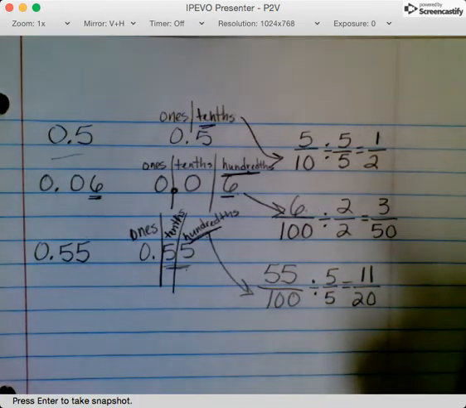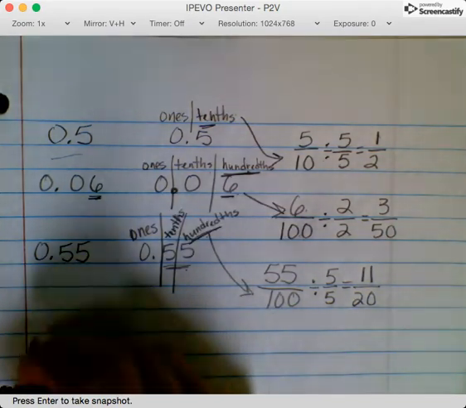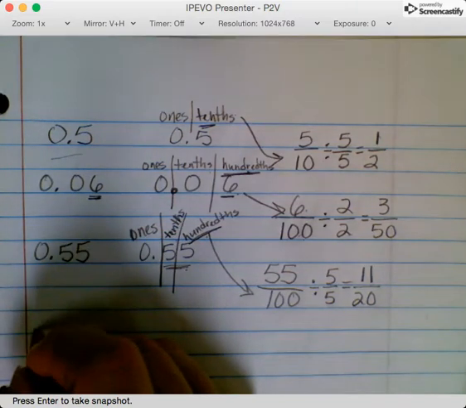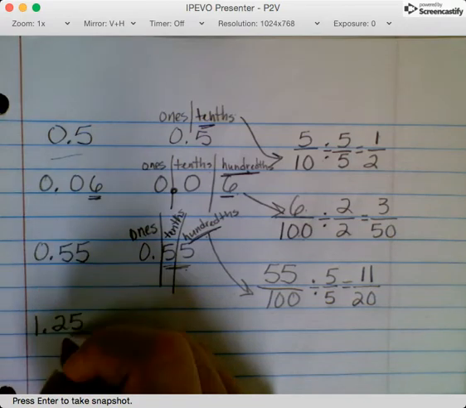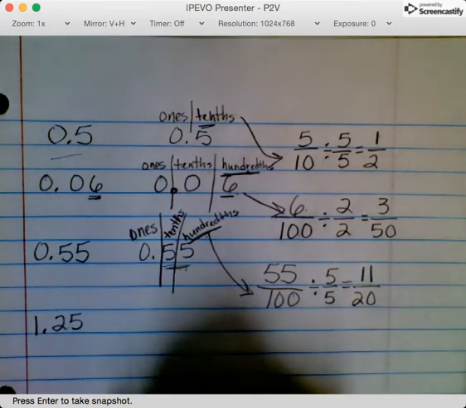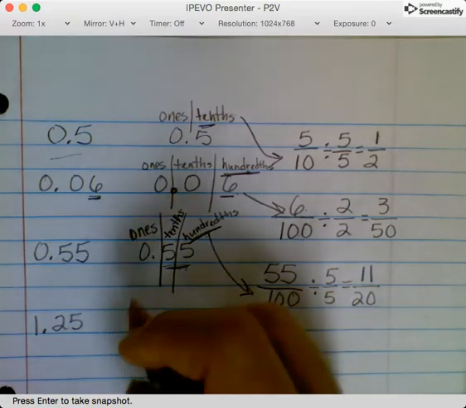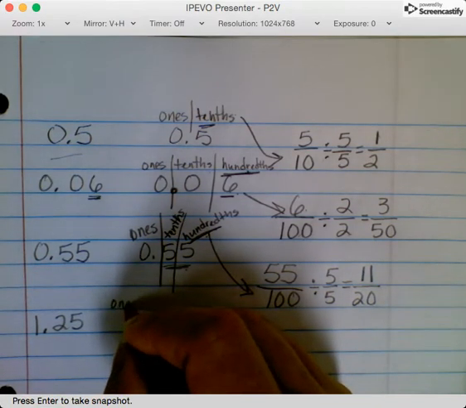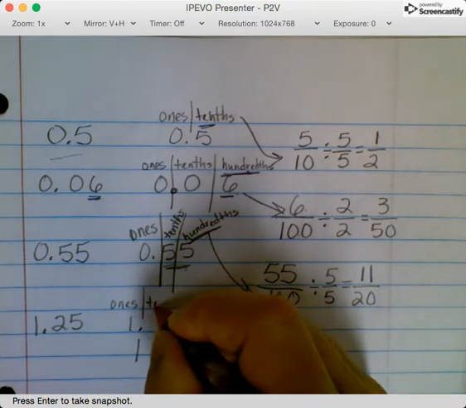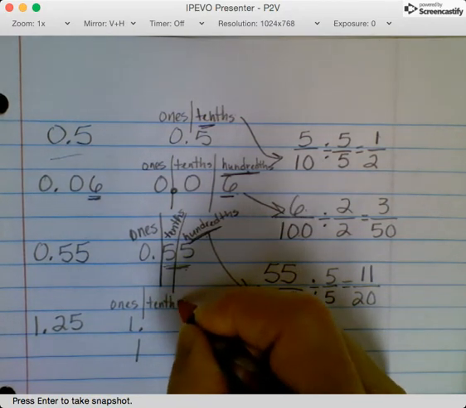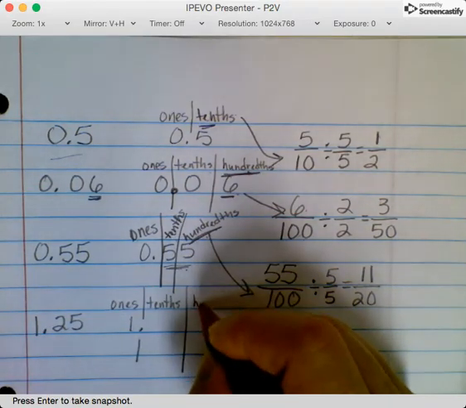Now, if I have a number that has a whole number in front of the decimal, we'll do another example like that. So if I have 1 and 25 hundredths, this time the number in front of the decimal is going to stay away from the fraction, okay?